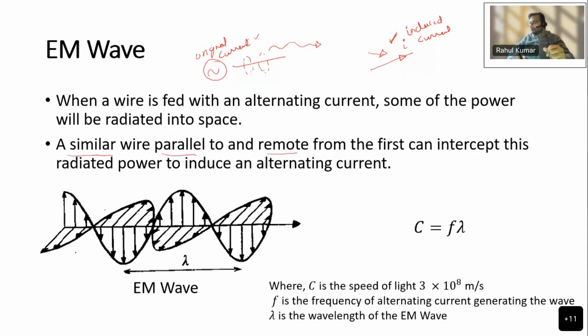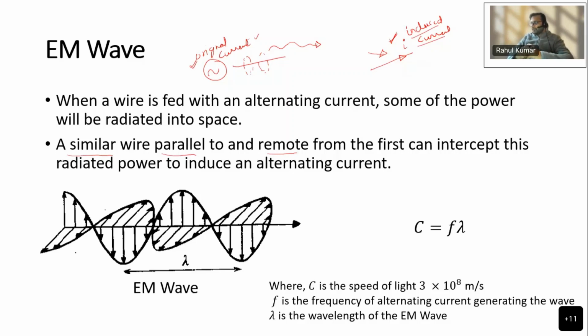Based on the characteristic of the induced current, we can predict the original signal. We can reconstruct or predict what information was sent. So this is the basis of all radio systems.